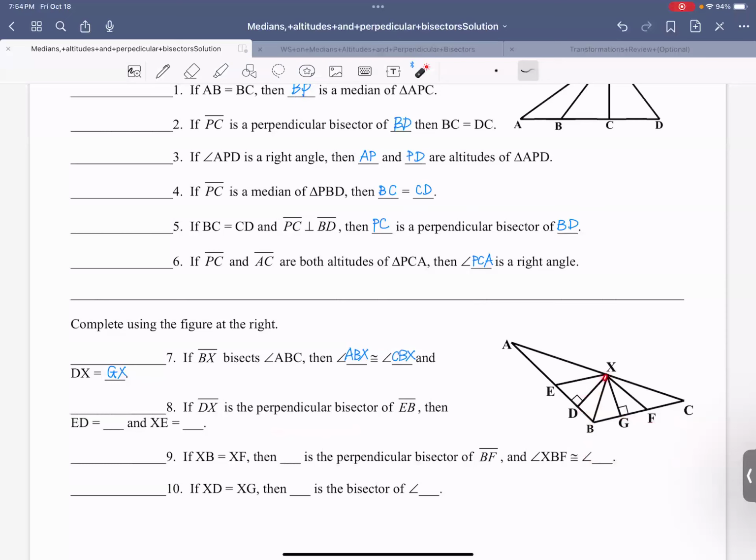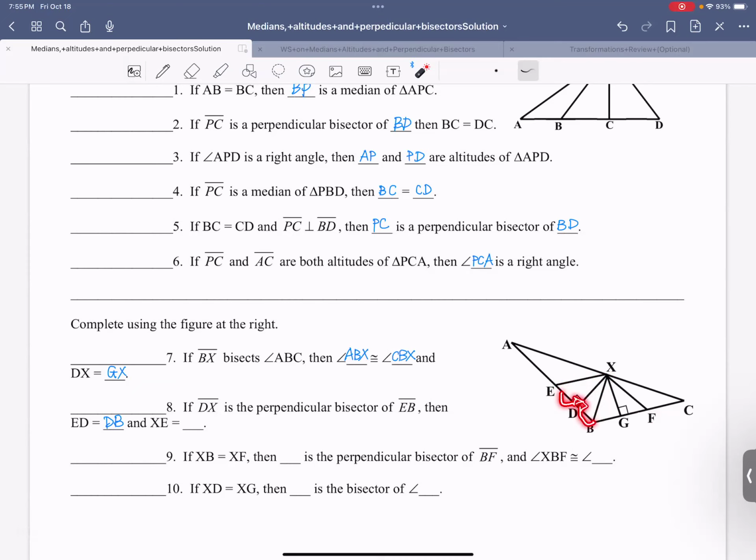If DX is the perpendicular bisector of EB, it means this is perpendicular to this line and these two are equal. Yes. So ED is congruent to DB. And then XE is also congruent to XB, because these two pieces are equal.